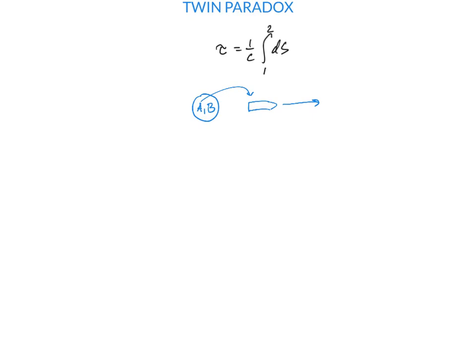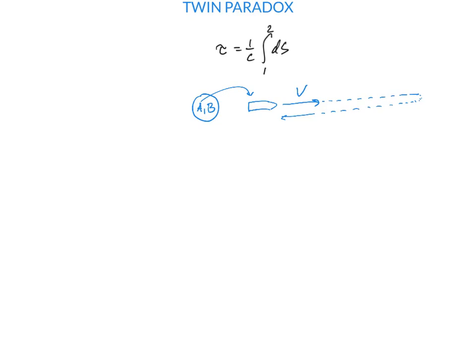Let's assume it accelerates very quickly to some velocity v. So it travels with a constant velocity over some distance. Then it quickly decelerates and accelerates back, and then reaches the same velocity and comes back, and then eventually reunites with Bob.